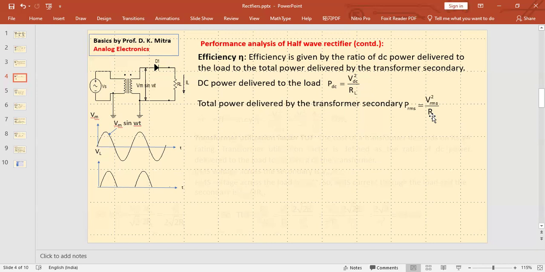Power is V square by R. And if it is DC, you take VDC. If it is non-DC, you take RMS voltage. So power delivered to the load is VDC square by RL, and power delivered by the secondary, which is handling the full AC cycle, is Vrms square by RL. Both are V square by R. Now let us find out what is Vrms, right? Vrms we have already calculated.